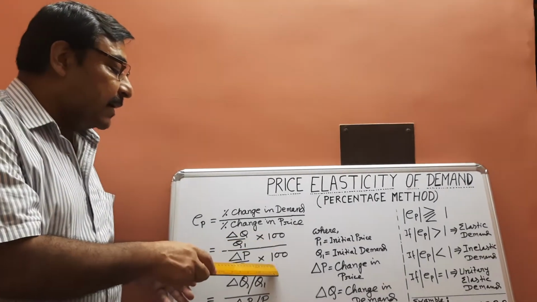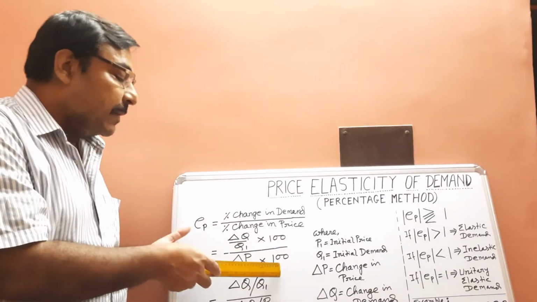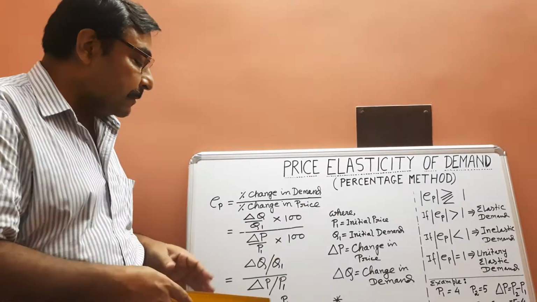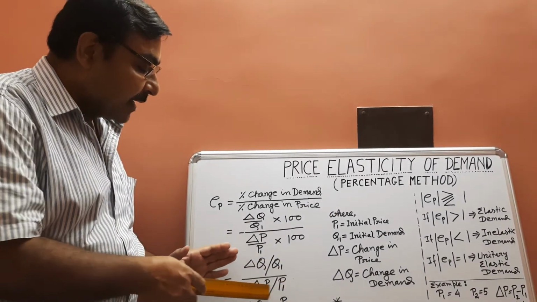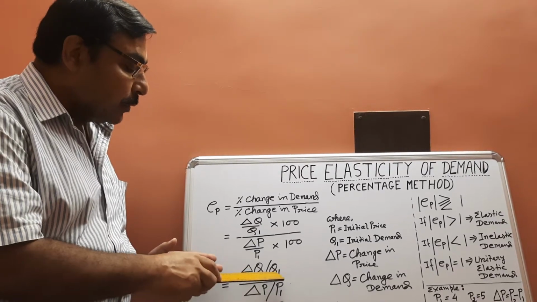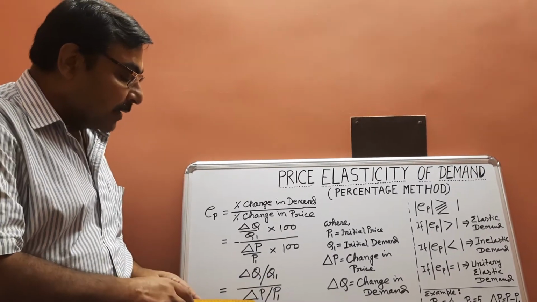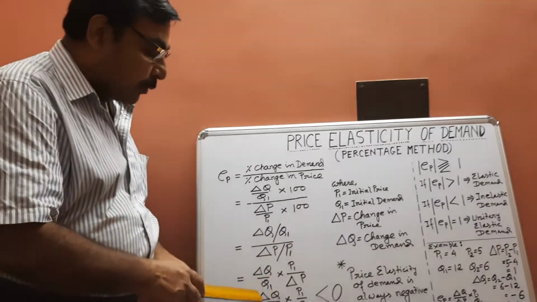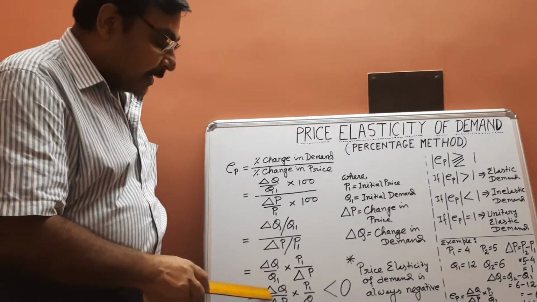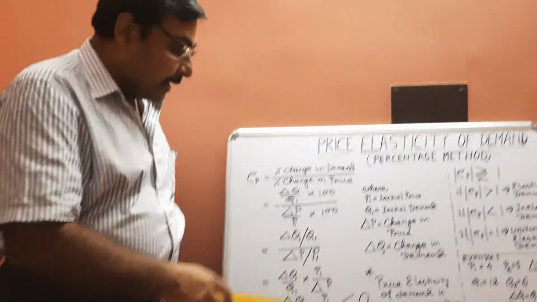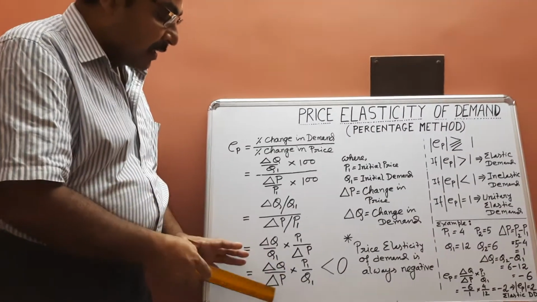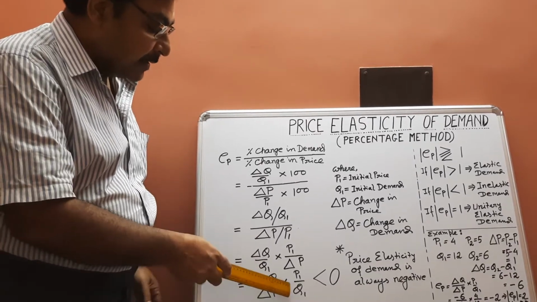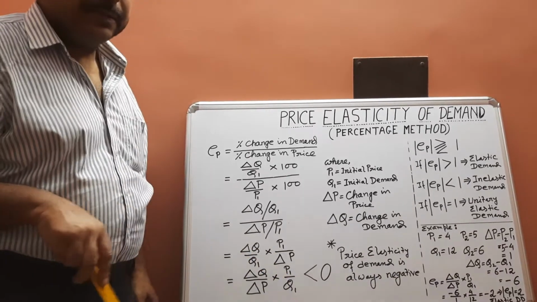The 100 remaining the same in the numerator and denominator, they cancel each other. Ultimately what we are getting is delta Q by Q1 whole divided by delta P by P1, and at last we are getting this formula: delta Q by delta P into P1 by Q1.